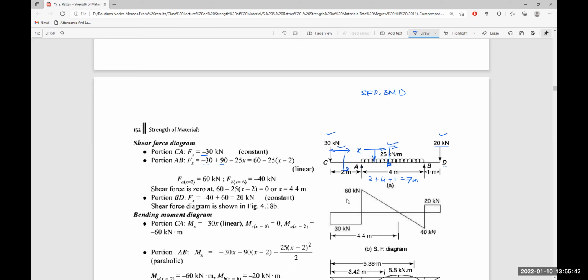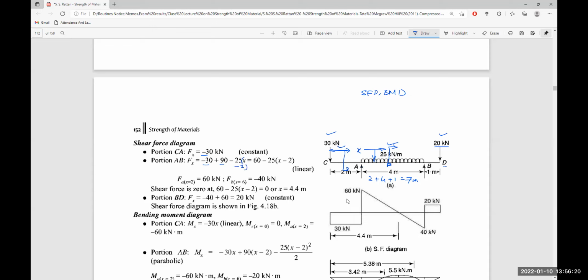The 30 is negative because it acts downwards; as per sign convention, it is positive only when acting upwards. 90 is the reaction acting upwards, so it is positive. And 25(x minus 2) is the resultant of the distributed force, also acting downwards, so it is negative. Thus, shear force Fx is minus 30 plus 90 minus 25(x minus 2), or 60 minus 25(x minus 2).